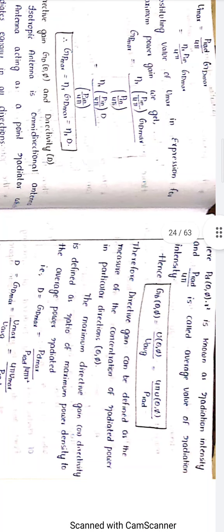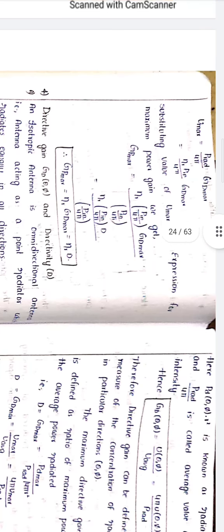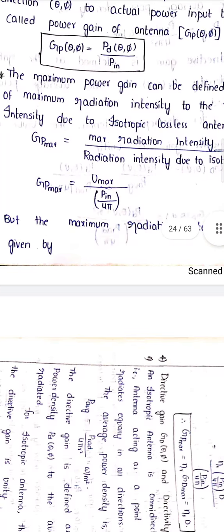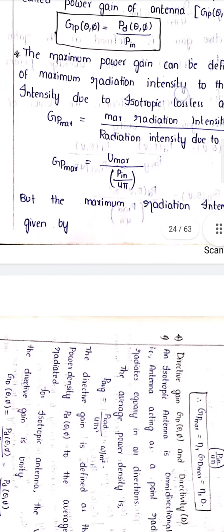Hence GD of theta comma phi can be defined with U as the intensity, U of theta comma phi, and maximum radiation intensity U max.